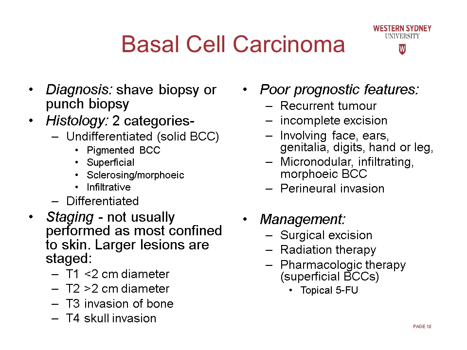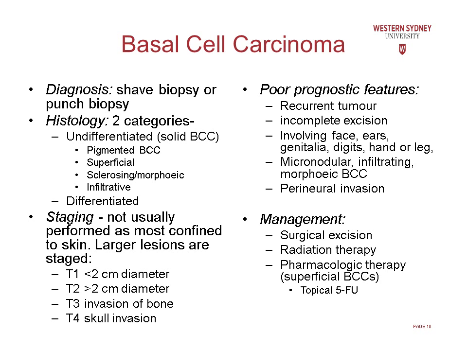What are the poor prognostic features for basal cell carcinoma? Although most patients are cured with surgery, certain features are associated with poor prognosis. Having a recurrent tumor is one of them. Having an incomplete excision leads to about a 30% recurrence rate.